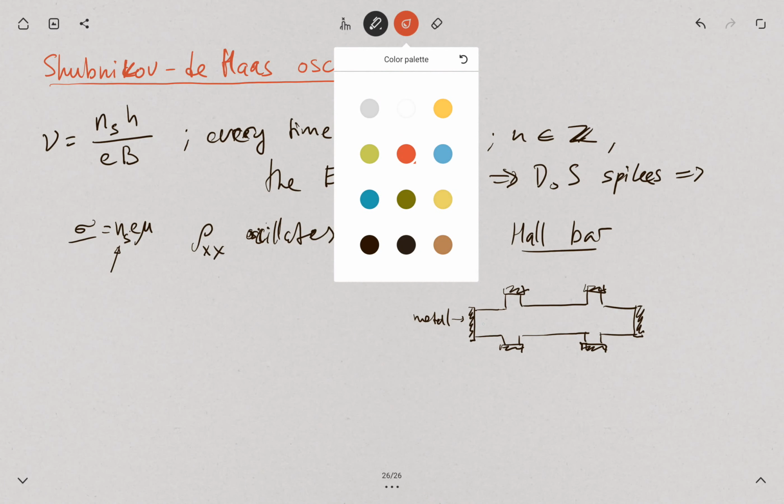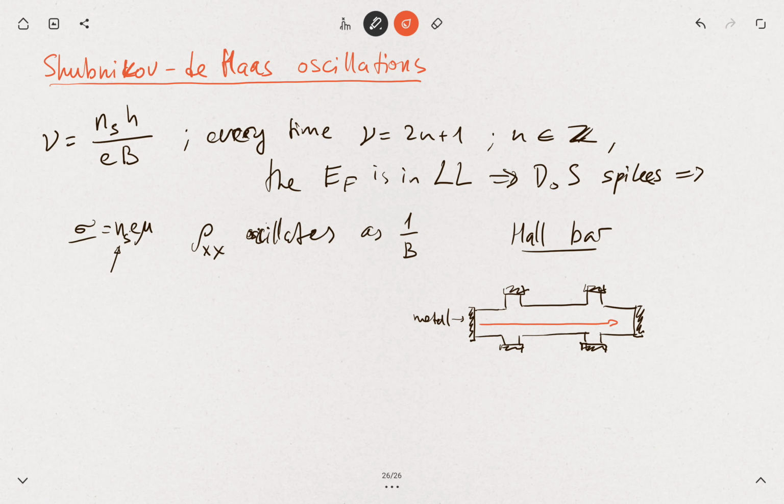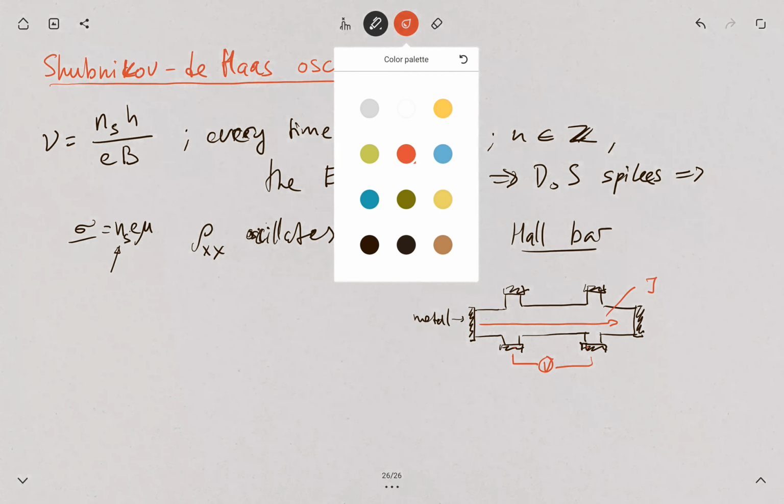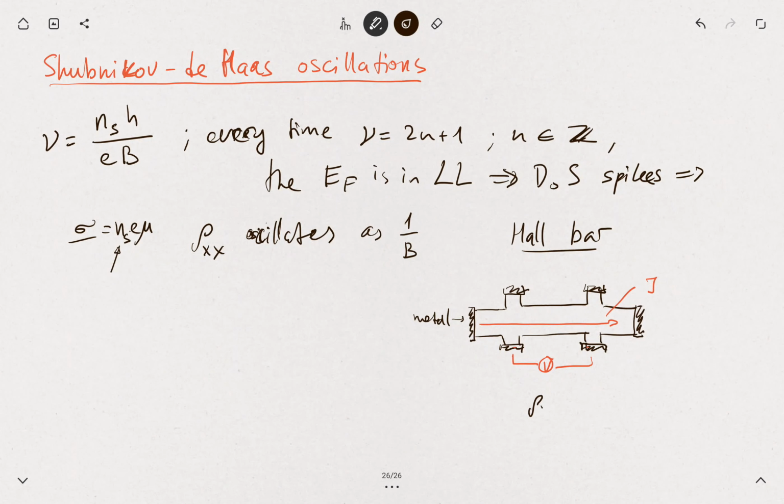You pass the current along the channel, and then you can measure the voltage drop between these two contacts, and you can define rho xx as V over J. In this case it is Vxx, and the current goes along the x direction as well.